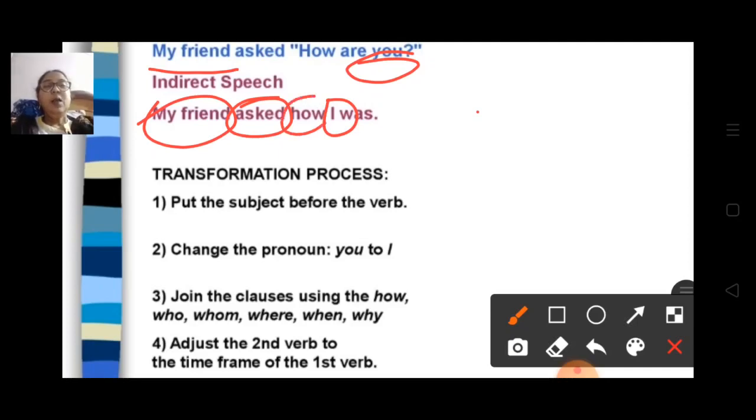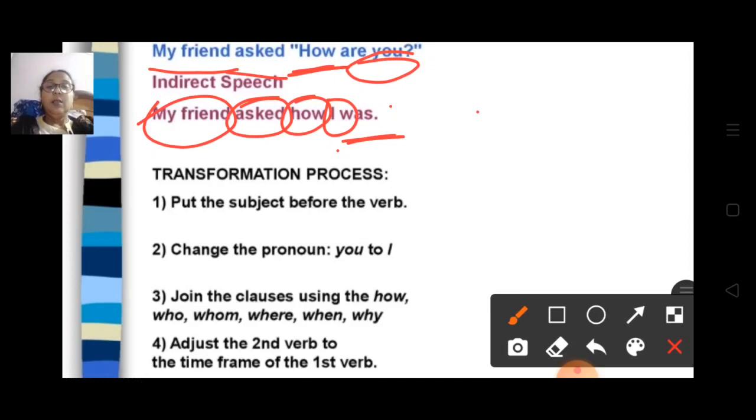So here how is there because it is mentioned over here, that is why we have written how, then I, then adjust the second verb to the time frame of the first verb. Because it is asked over there, that is why we are going to use was over here.